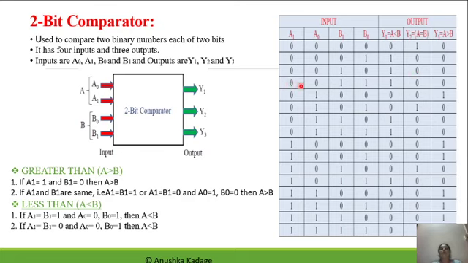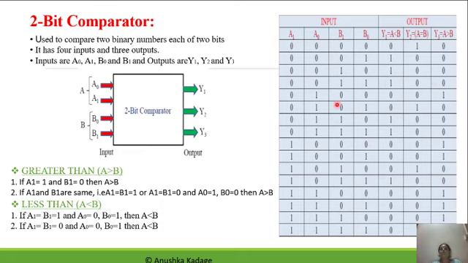The next step we observe is where A1 and A0 are both 0 while B1 and B0 are both 1. If we observe that both A bits are 0 and both B bits are 1, obviously A is less than B.